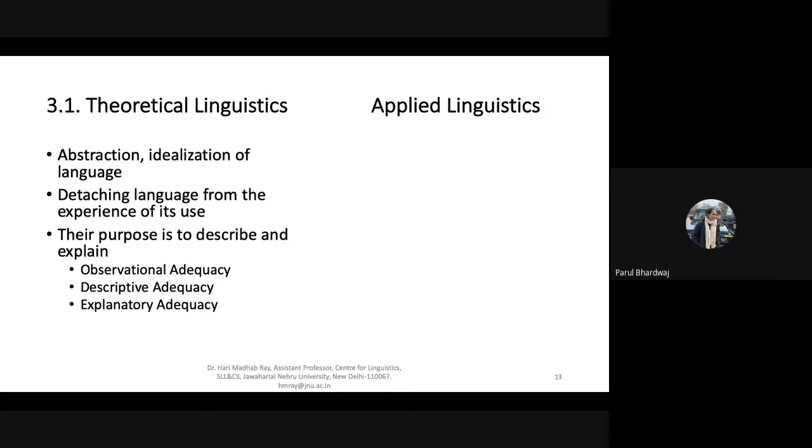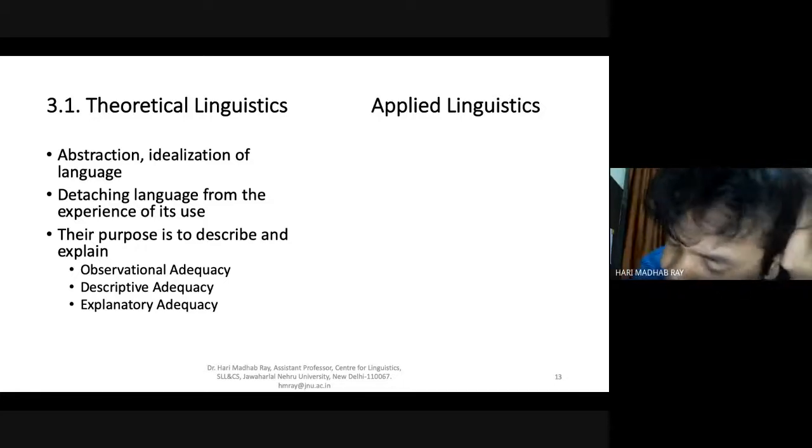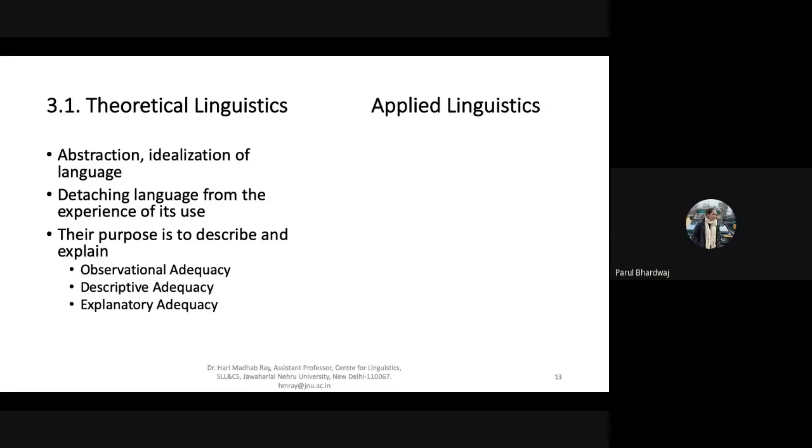Sir, I remember a little about explanatory adequacy, and it talks about the innate intuitive level of a native speaker. There are certain things that we cannot observe, or cannot look at the patterns and come up with quickly as we can with descriptive adequacy.